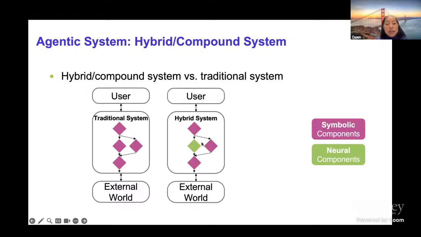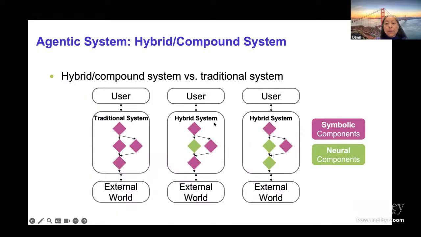So now with agentic AI, this agentic system, we call it a hybrid or compound system. Here, in addition to the traditional symbolic components, we also have what I call non-symbolic, for example, neural components like large language models and so on, which will help provide certain intelligence in the system.